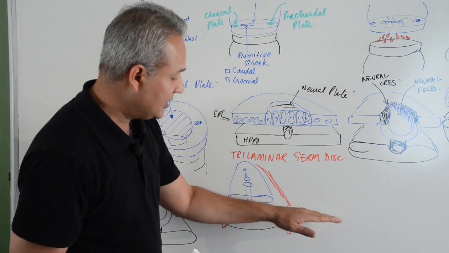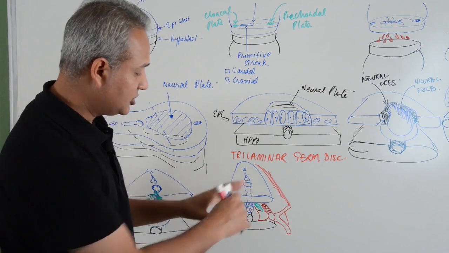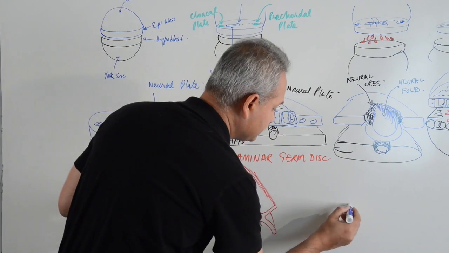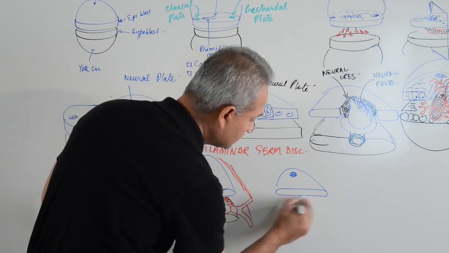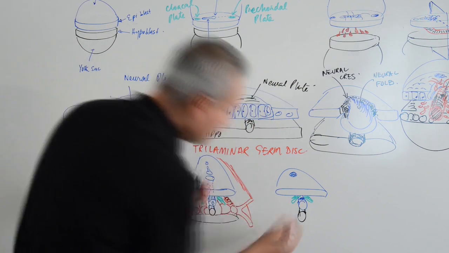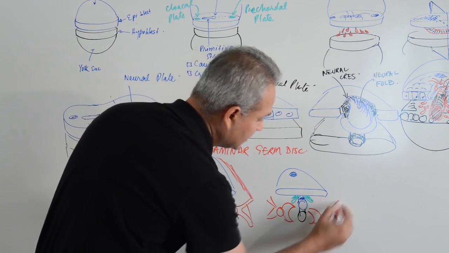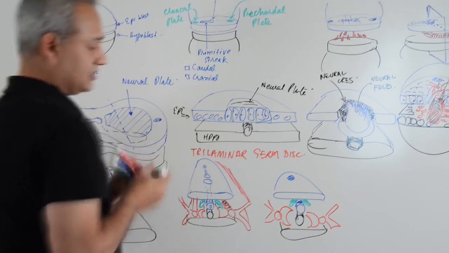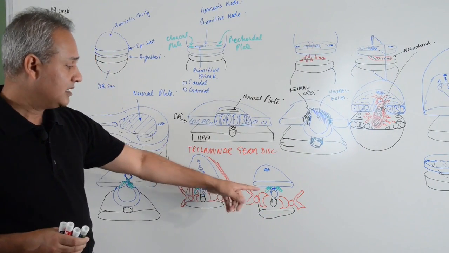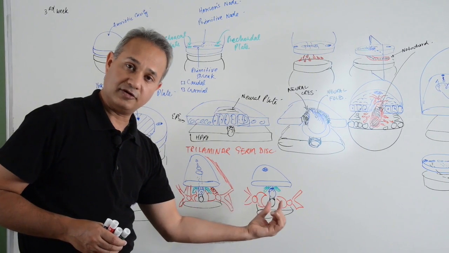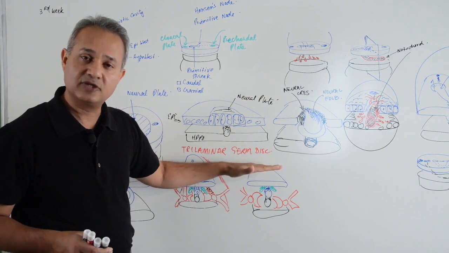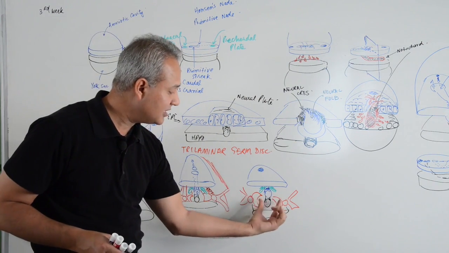Now let's see what happens finally when the structures close. We'll end up having almost the same thing, a little bit cleaner here. Now what would happen? Let's take the neural tube out of here, and let's remove the epiblast or ectoderm from here and see what is happening in this area.